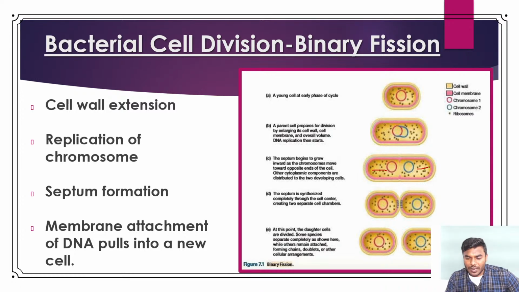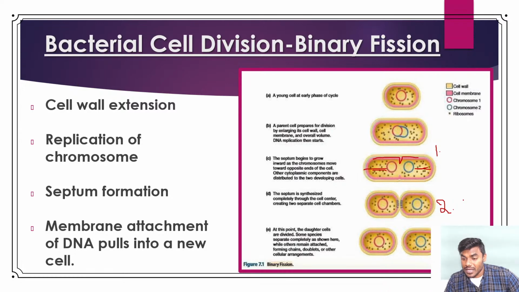Now all the students remember, once again I am repeating my statement. My first statement is: septum formation is a key event indicating the chromosomes are moving towards the ends of the poles. Now you know what the second statement is? Septum completion.